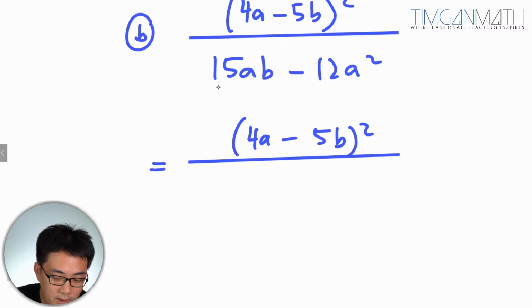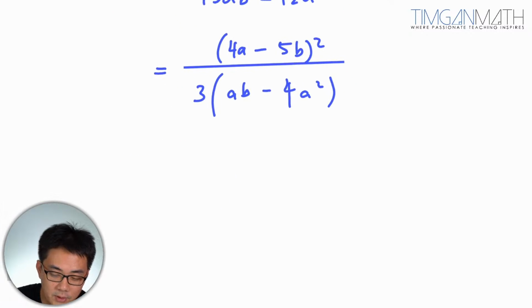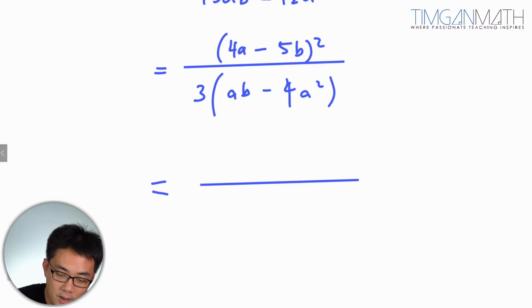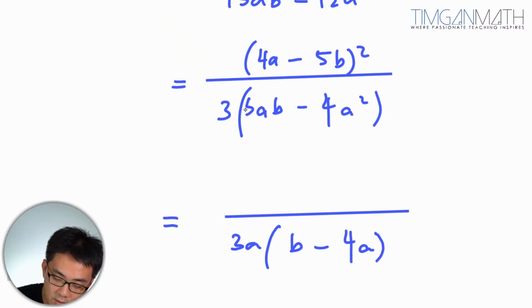You see this is 3 times 5, so I'm going to factorize the 3 out first. So ab minus 4a squared. Obviously, same thing, I could factorize the a out. So in this case, what we get is 3a times 5b minus 4a. Oh, sorry, I factorized the 3 out to be a 5 here. So this is a 5. So this is 4a minus 5b.